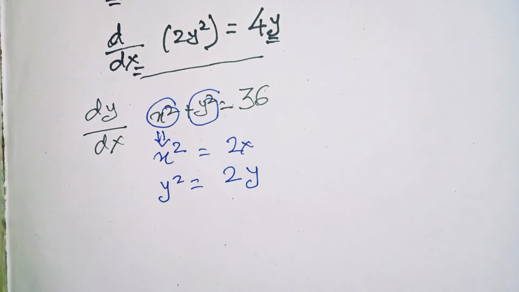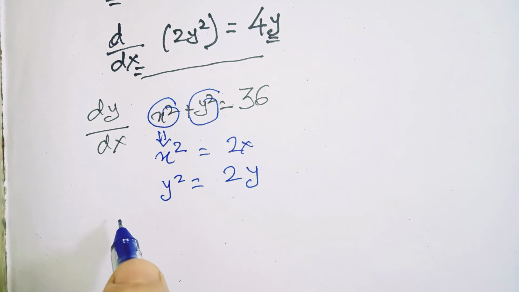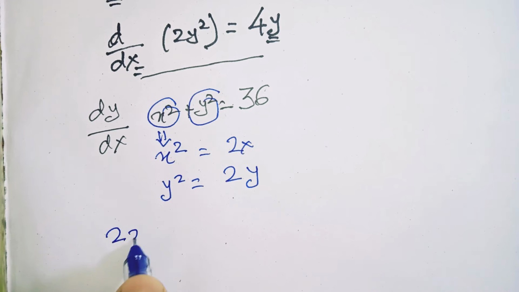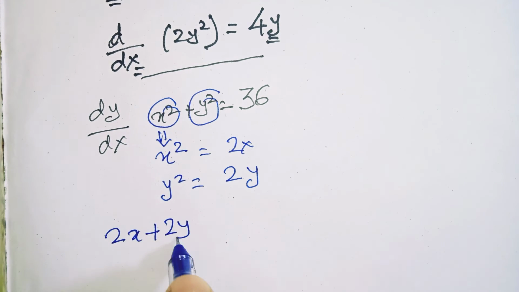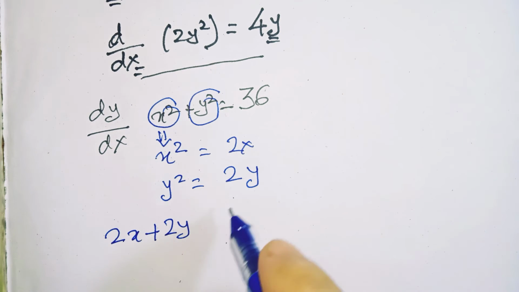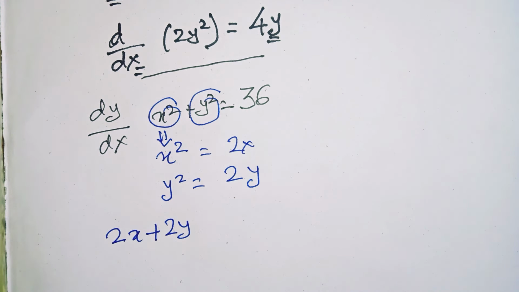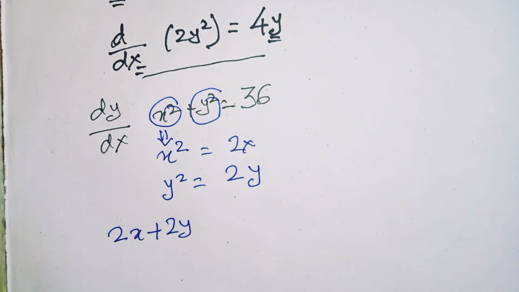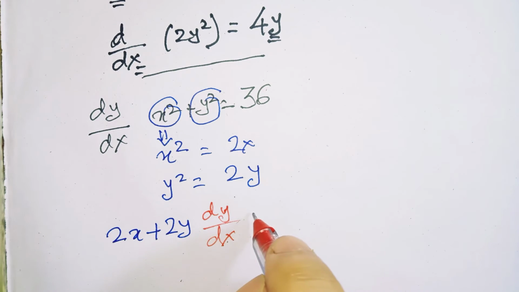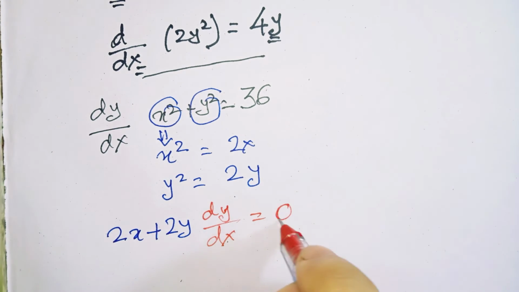So we write 2x plus 2y dy by dx, and then the constant value, which is 0, right?